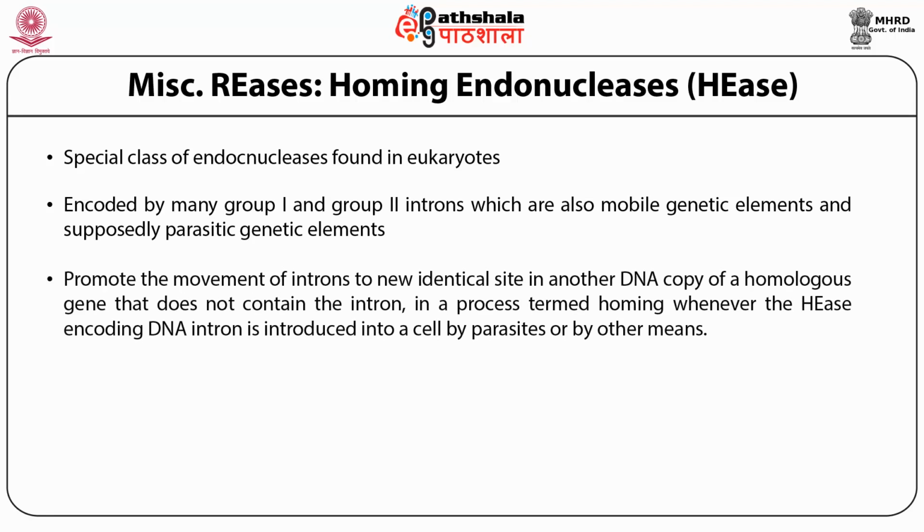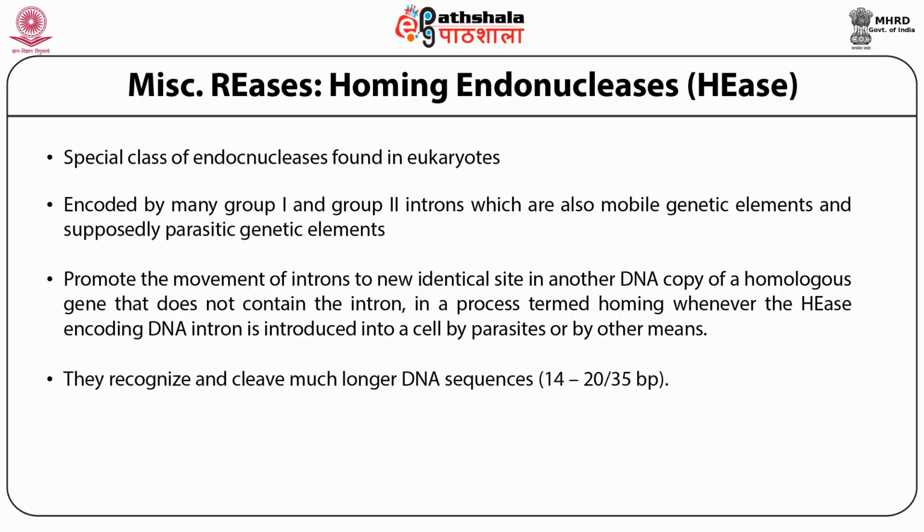They promote the movement of introns to new identical sites in another DNA copy of a homologous gene that does not contain the said intron, in a process termed homing, whenever the HE-encoding intron DNA is introduced into a cell by a parasite or by other means. They usually recognize and cleave much longer DNA sequences, usually more than 14 and up to 35 base pairs long.